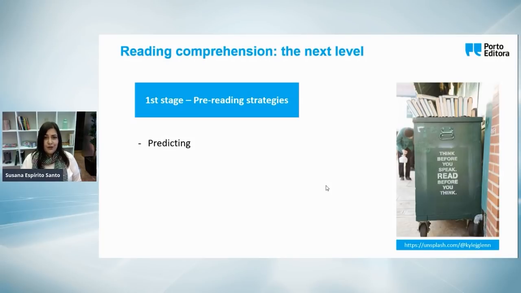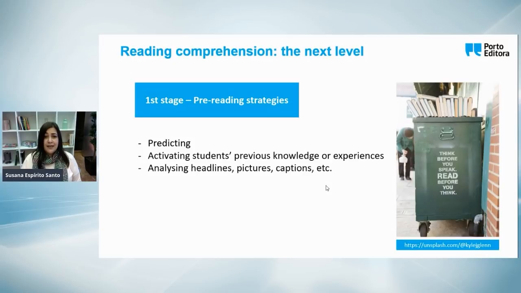Another strategy that you can use is activating students' previous knowledge of experiences. Students talk about previous lessons or personal experiences by giving examples. Another example is analyzing headlines, pictures, captions, etc., because it's a good way to raise the interest of the students.